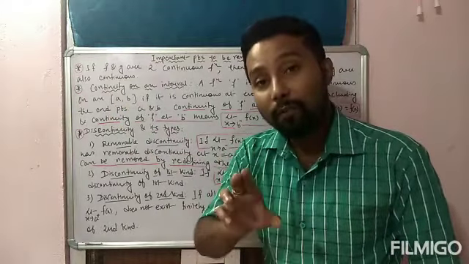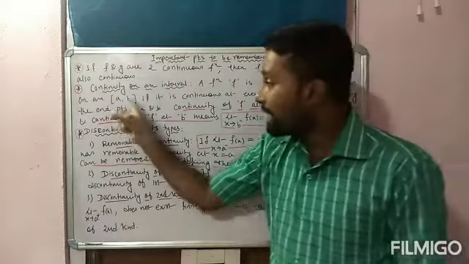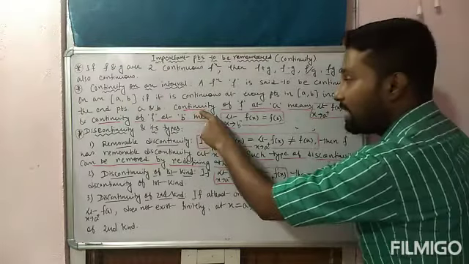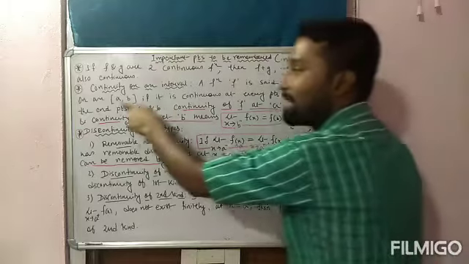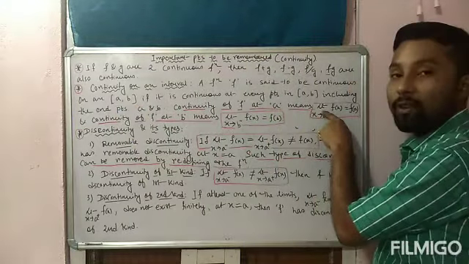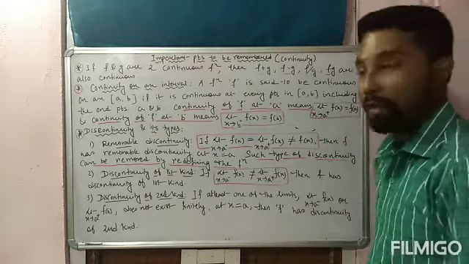How to check whether the function is continuous or not at these two end points? That one I am discussing now. Continuity of f at a, which is one of the end points, means, see the formula, limit x tends to a plus f of x is equal to f of a.